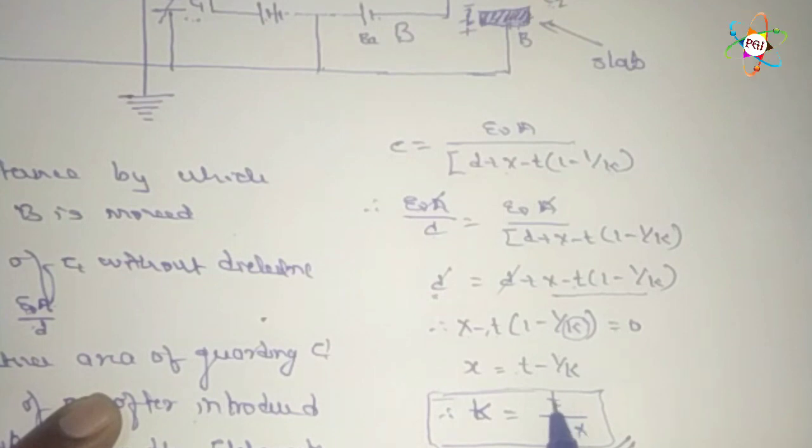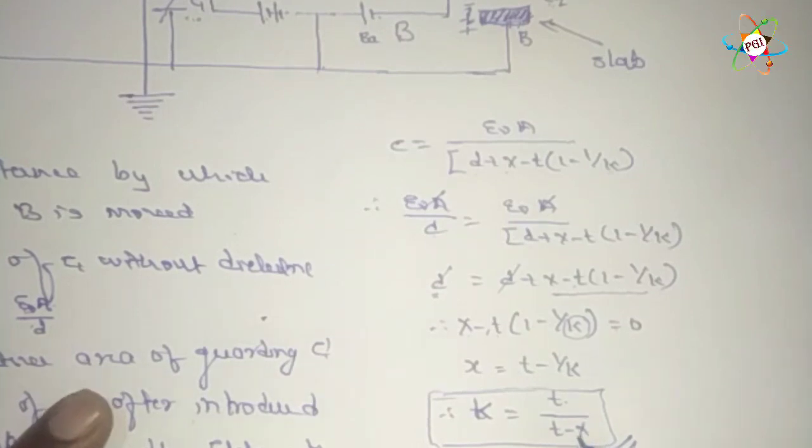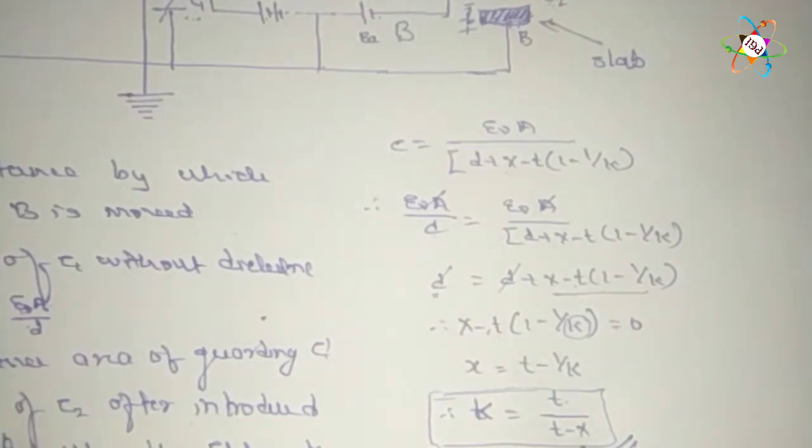K is equal to thickness divided by thickness minus x. This means the value of the dielectric constant depends on the thickness and the distance moved. As the thickness increases, the dielectric constant also increases. Using this equation, we calculate the dielectric constant of a solid.